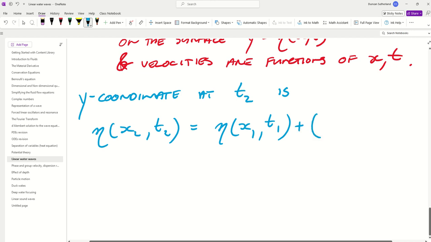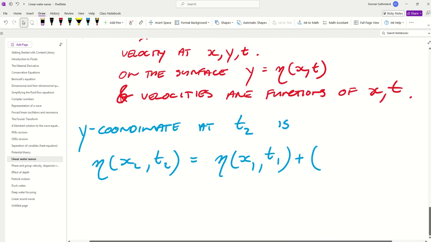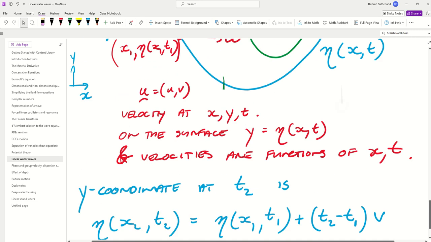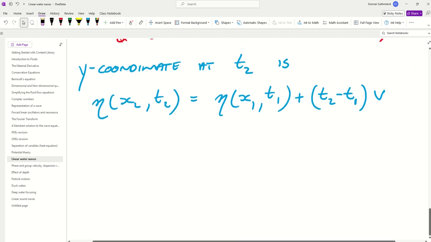plus the time difference, right? So we're literally doing a rise over run business here. We're taking the vertical change, so we're only interested in this way, but it's the change in time, the run, times the velocity, right? That gives us the rise. So we know that this is t2 minus t1, the time difference, and we can work out the height difference by multiplying that time difference by the velocity v, which we pretend we know.